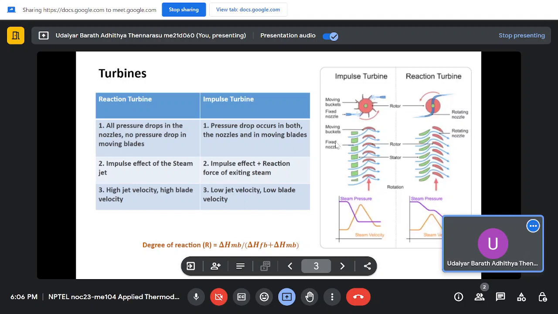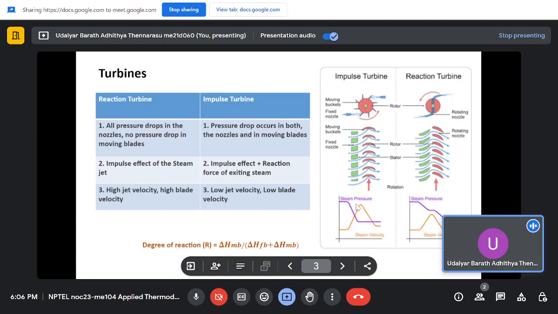So when the high pressure steam passes through the nozzle, you can see there is a steam pressure. When it's coming in it's at higher pressure. When it passes through the nozzle, the pressure drops. So at the exit, the pressure is at a lower value compared to the inlet. And the reduction in pressure causes an increase in velocity of the steam.